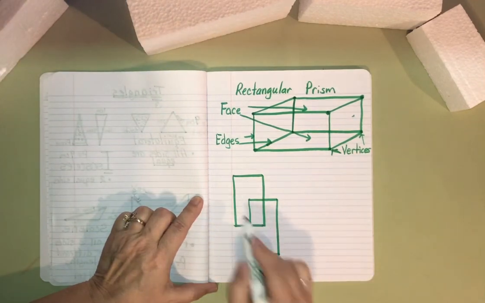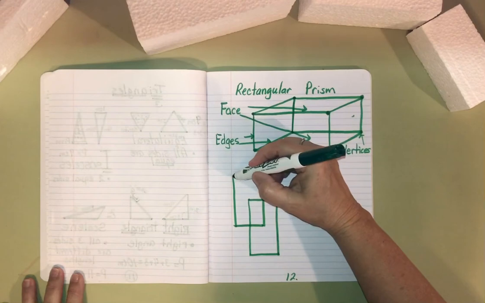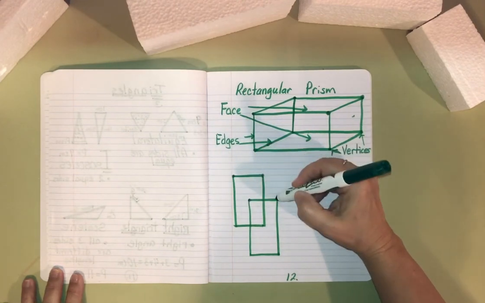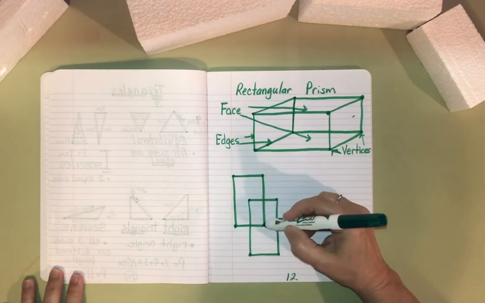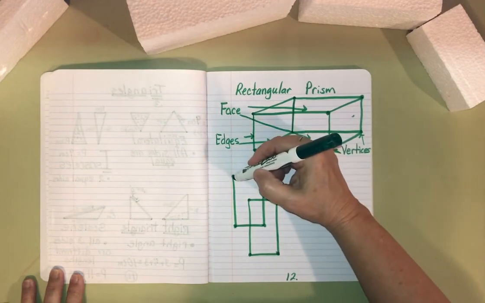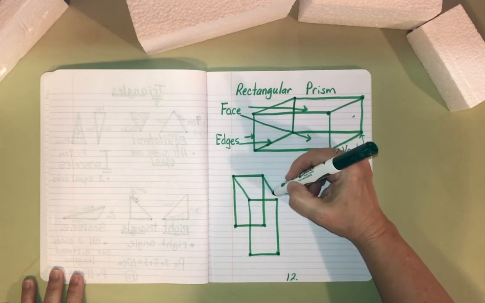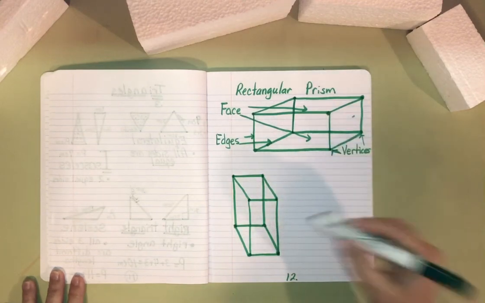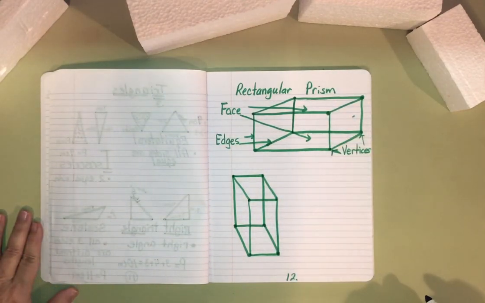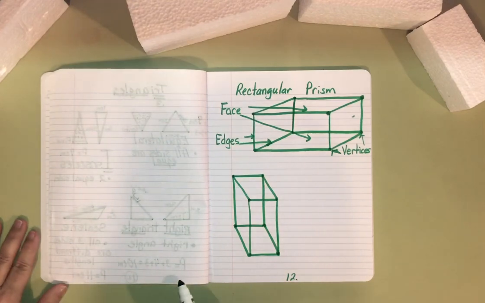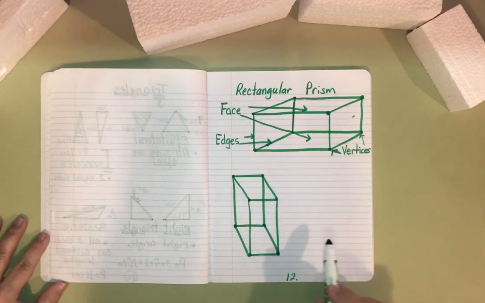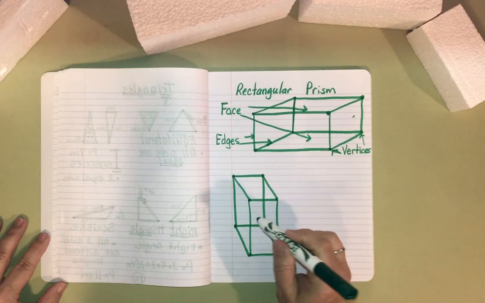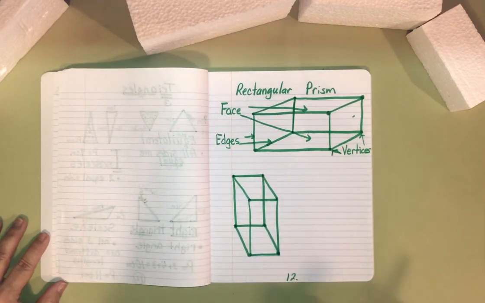Okay, so I've got two rectangles, and now I'm going to go from my dot to dot, my vertex to vertex. Okay, this one goes to that one, and they just match up. And I've got two rectangular prisms. Okay, so remember, if you want to make a rectangular prism, start with a rectangle, put that dot right in the middle of it, and then draw another rectangle, congruent to the other one.